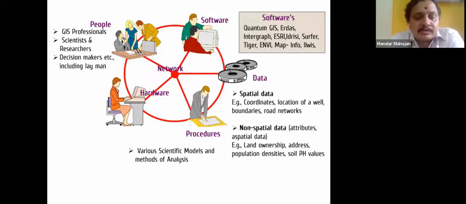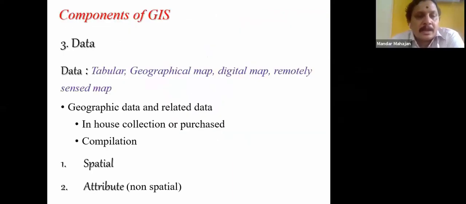The hardware, we just talk about this, and the people, who are the end users, in the form of GIS professionals, scientists and researchers, and the decision makers. So the data basically is either in tabular form, a geographical map, it could be a digital map, or it could be a remotely sensed map.